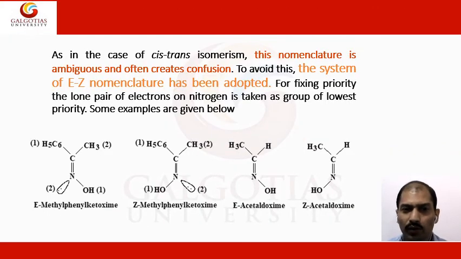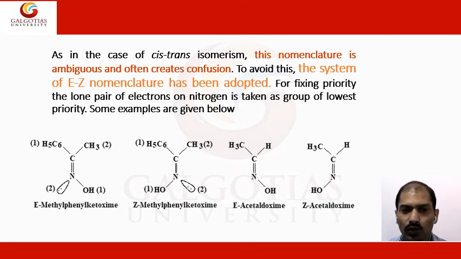There are many more examples, like methyl phenyl ketoxime. Here OH gets priority one, and on this double bond the lone pair of electrons gets the least priority. So this is one, and comparing this methyl to this C6H5, the C6H5 will be given first priority, so this is second.